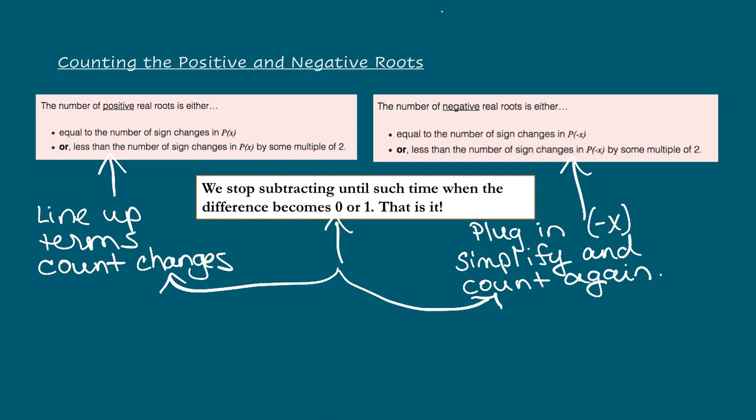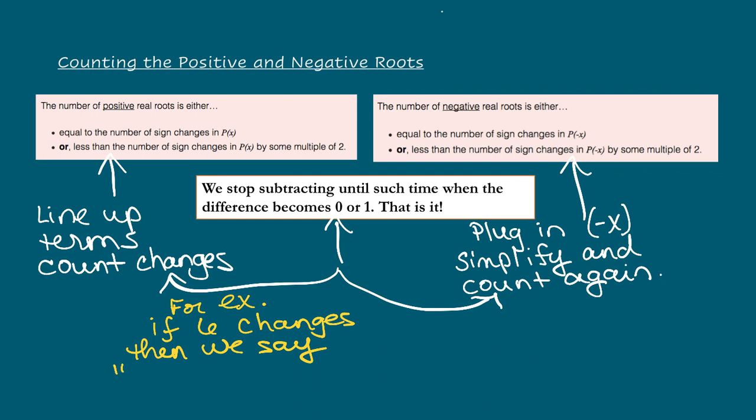So for example, if we have 6 changes, we would say 6 or 4 or 2 or 0 roots.